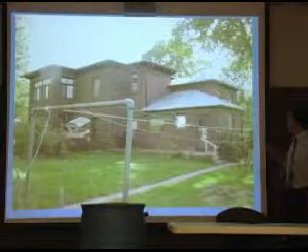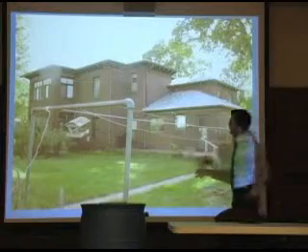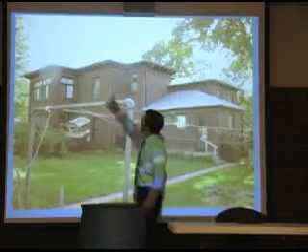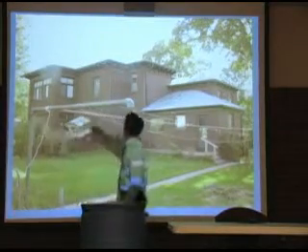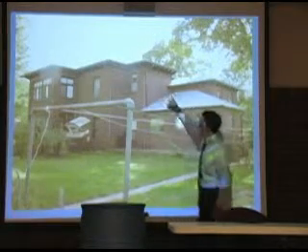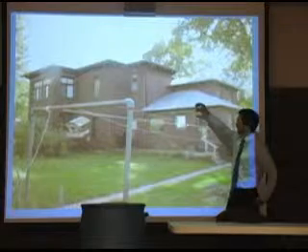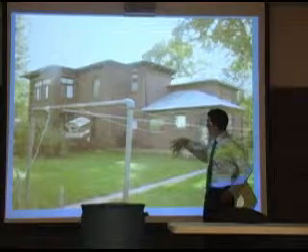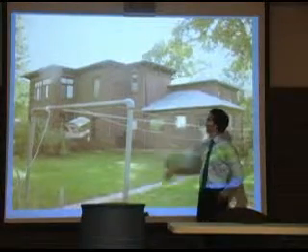So this is the back of my lot where eventually I put a rain garden. And the rain garden I put in is right in here. And you can see that I've got 1, 2, 3, 4 different eaves that are drain gutters that eventually would go down into this side.